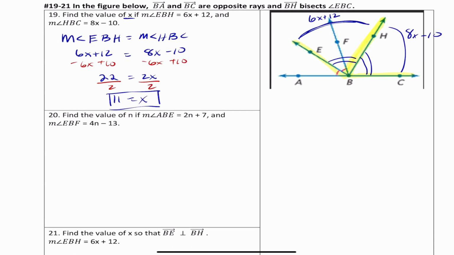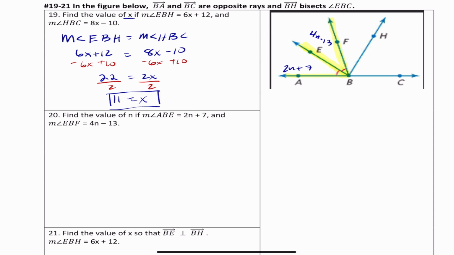All right. Number 20. Find the value of n. Find the value of n if the measure angle ABE, so I'm going to go ahead and erase this, and we say that measure angle ABE is 2n plus 7, and the measure angle EBF, so EBF is right here, that's 4n minus 13.